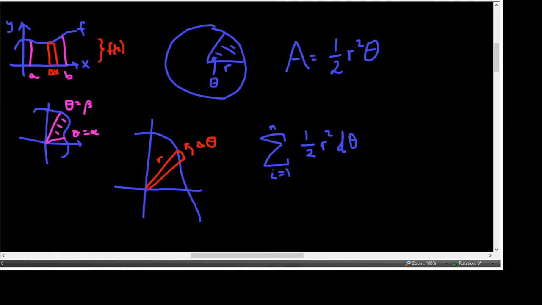That r is correct, but I'm going to think of that kind of like, instead of using x, we use f of x. I should have done that here as well. So that's going to be some f of theta sub i squared delta theta. I'm getting ahead of myself. Delta theta.